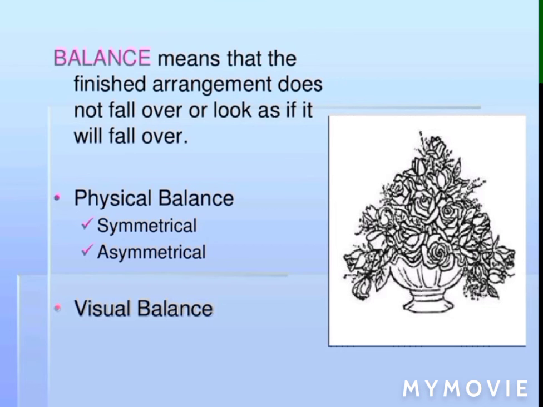Like if we have a picture on a wall tilted to one side, we immediately adjust it to the right position. This is because of the stability or balance. A heavy bottom or heavy top or heavy sided, one sided arrangement doesn't give a pleasing effect. So, balance means systematic and symmetrical.